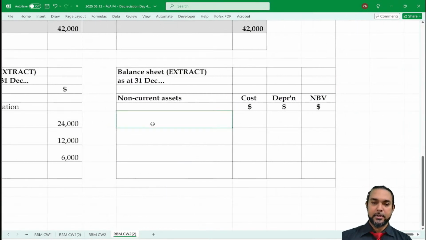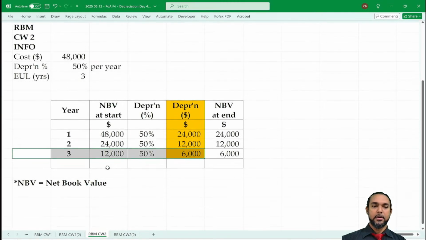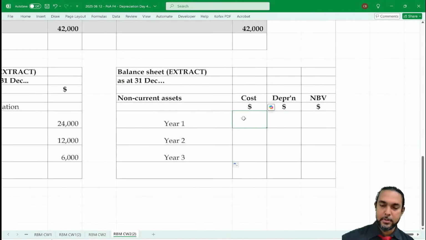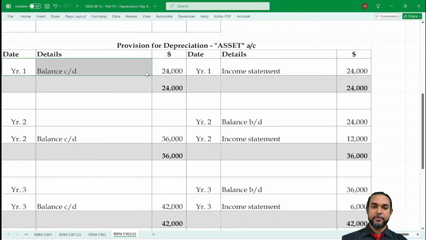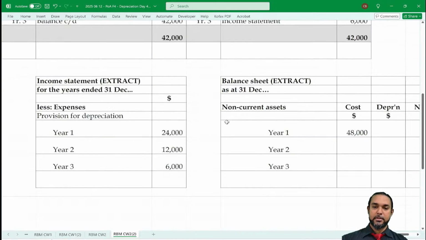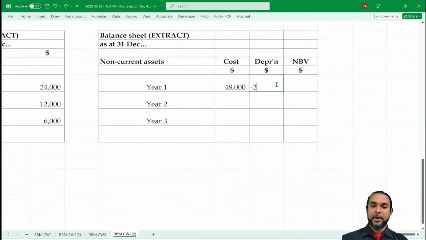So, year one: the cost of the asset, if you go back to the source information, is 48,000. Now, in the first year, the balance for depreciation, if you go up here, is 24. So we put that down here, 24, and we're subtracting it.